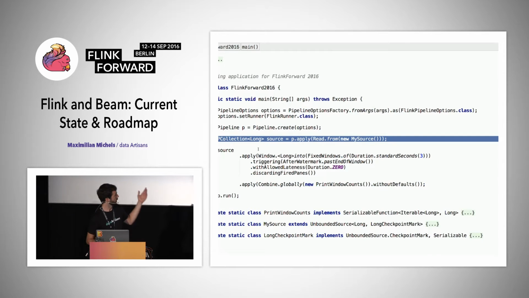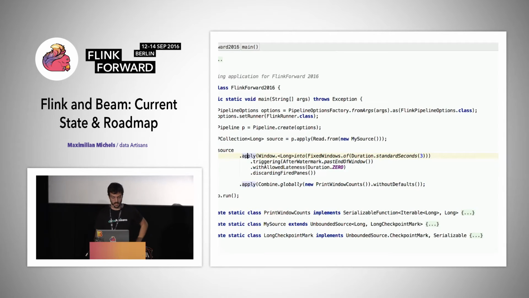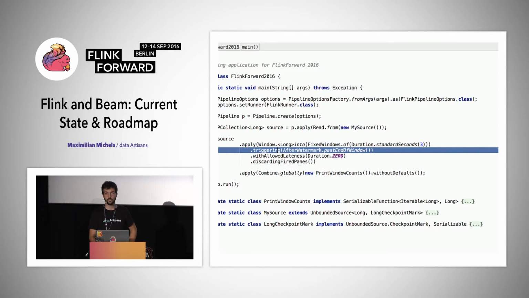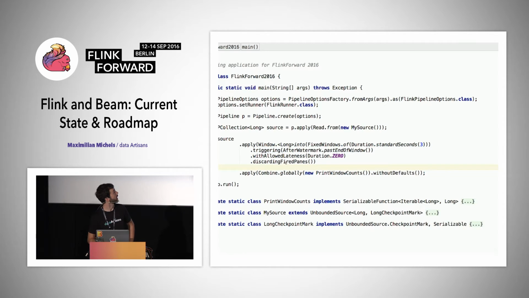So what am I doing with these numbers? I create a window, which is a fixed window of 3 seconds, or tumbling window in Flink, and I trigger after the watermark is past the end of the window, and I don't allow lateness for this example, and I discard any fired panes.